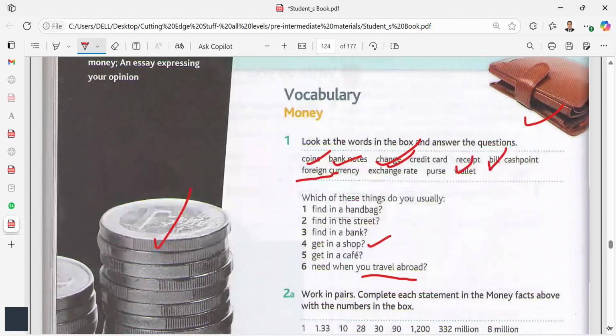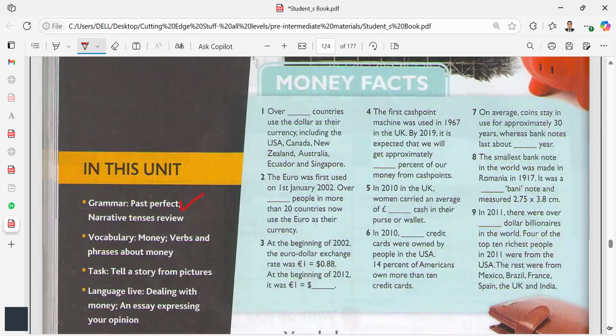Yes, 332 million people. Right. Next, number 3. Number 3, 1.33. Yes, $1.33.